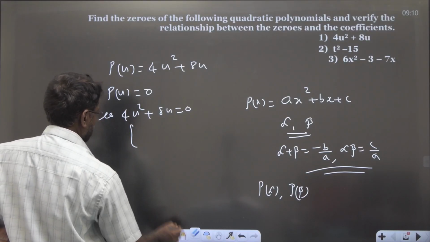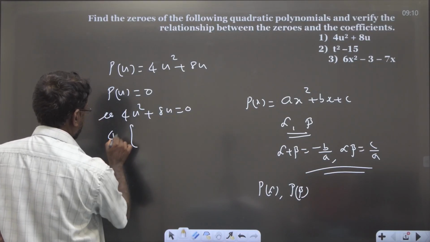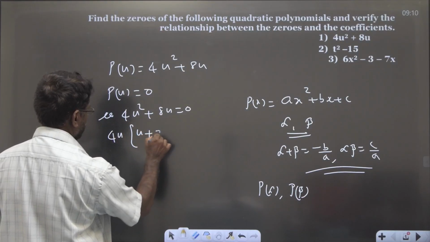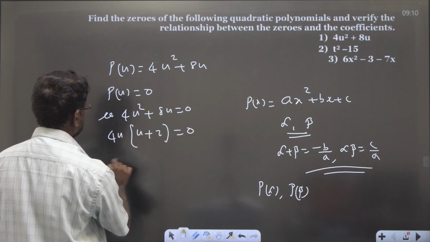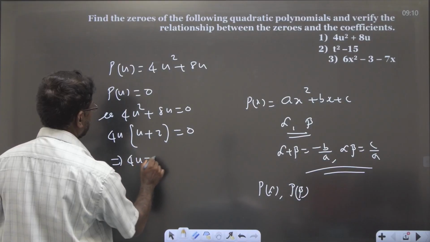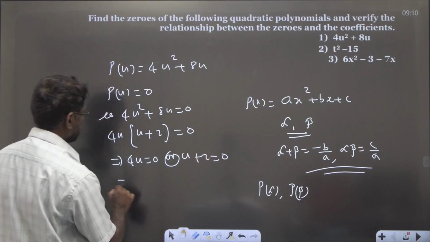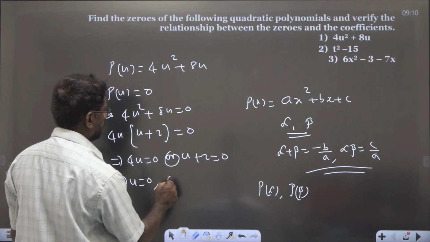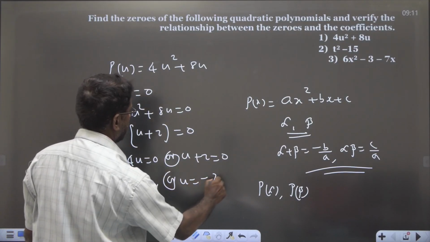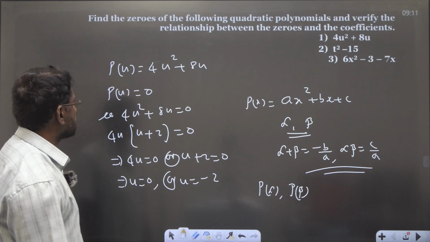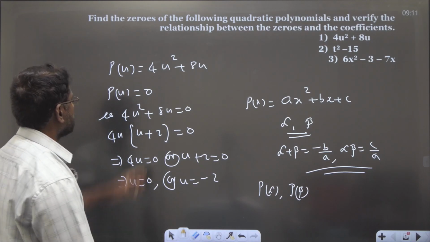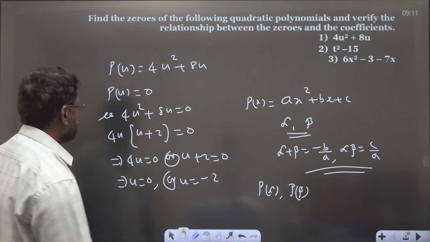We can take 4u outside, that is u plus 2, equal to 0. This implies 4u equal to 0 or u plus 2 equal to 0. This implies u equal to 0 or u is equal to minus 2. These are the zeros of the polynomial 4u square plus 8u.